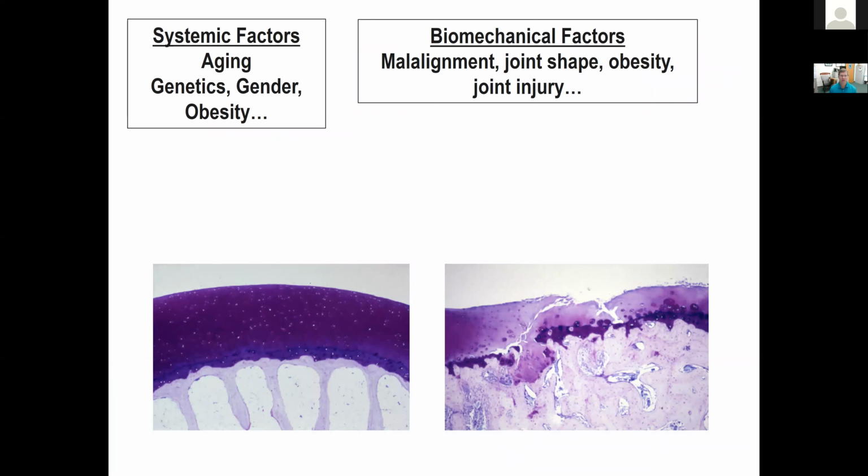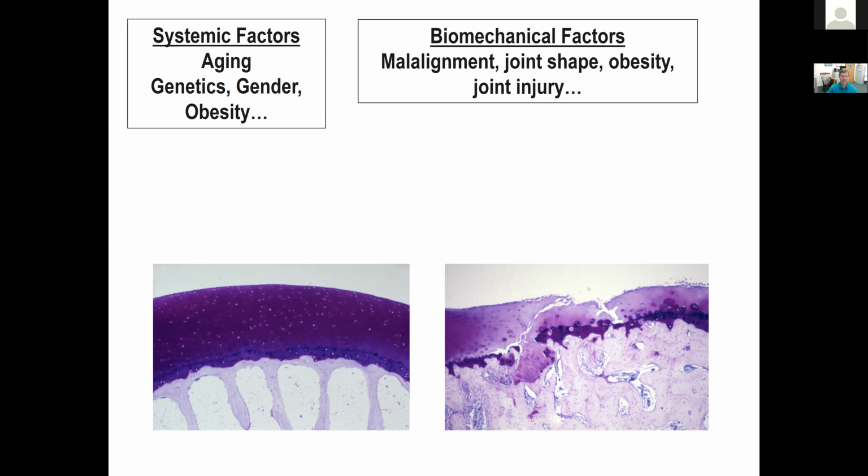So we know that there are a number of factors that are involved in the development of osteoarthritis, both systemic factors that are on the left and then biomechanical factors on the right. So things like aging, genetics, gender, obesity are all important risk factors for OA. And then biomechanical factors like malalignment of joints, particularly for knee OA, joint shape, which plays a particular role in hip OA, obesity, which is also a mechanical factor, and then joint injury.